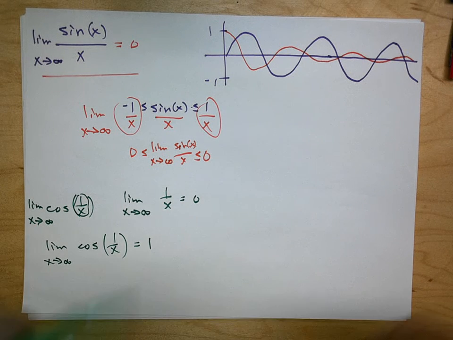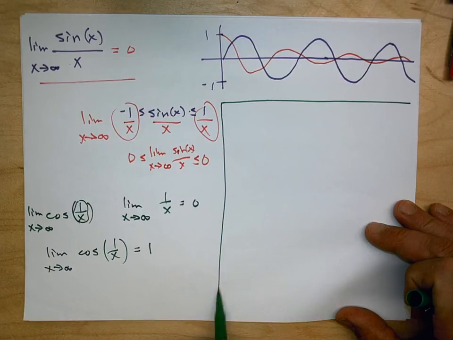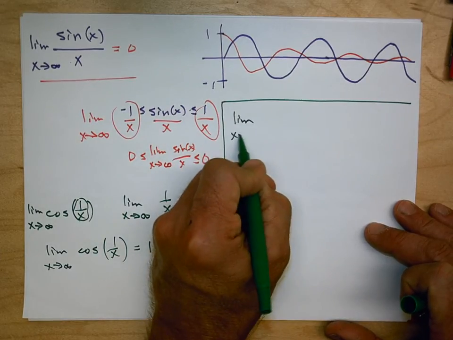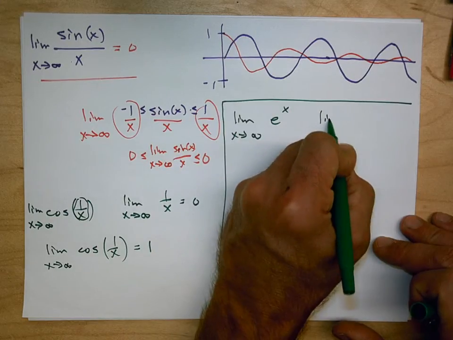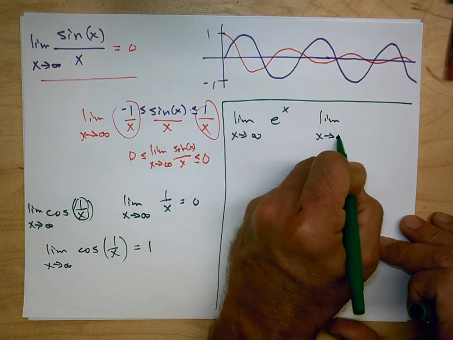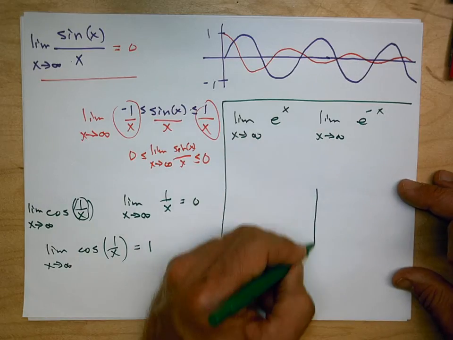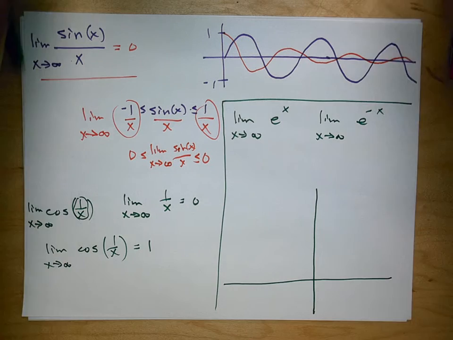All right, just two more functions that I want to talk about here. I want to look at the limit as x goes to infinity of e to the x, and the limit as x goes to infinity of e to the negative x. Right? So let me come down here and just make two.